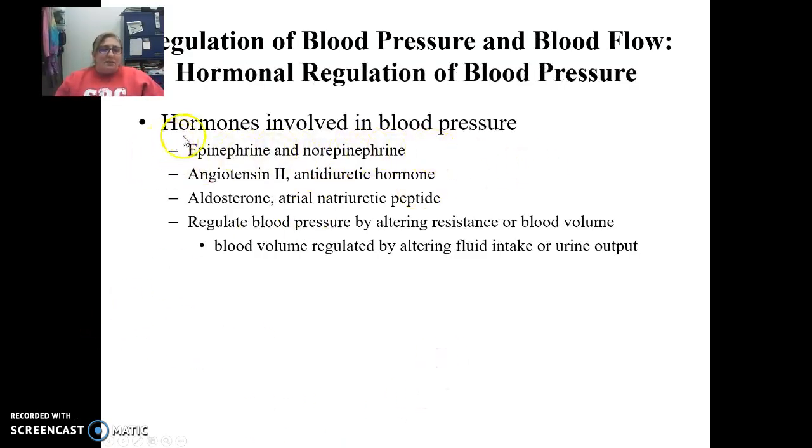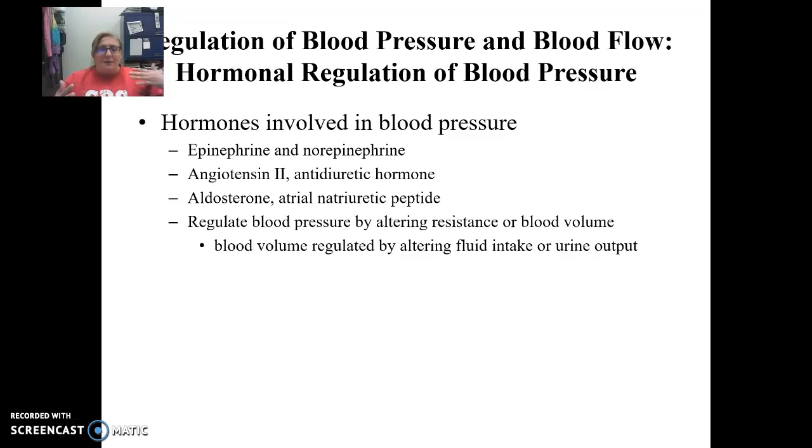The long-term control occurs using hormones. Hormones are a long-term, slow-acting messenger system. And so these first two hormones, epinephrine and norepinephrine, work in the sympathetic system of the nervous system more than in the endocrine system.